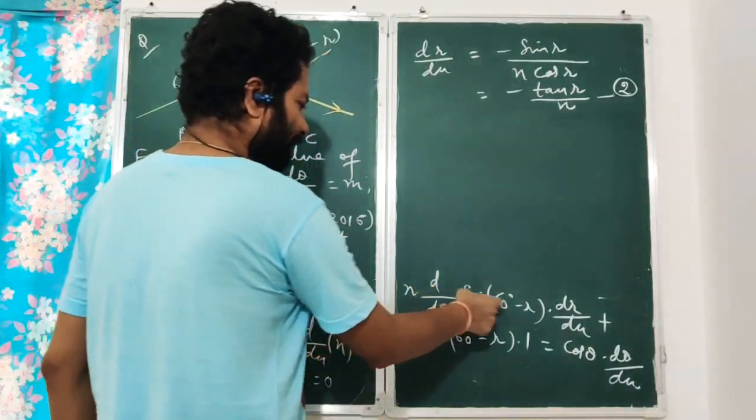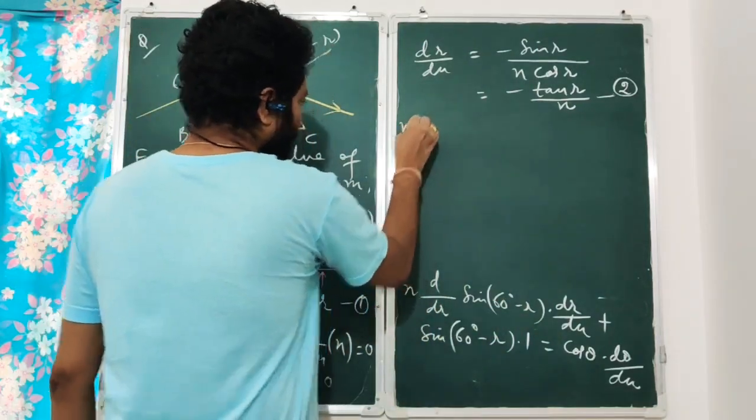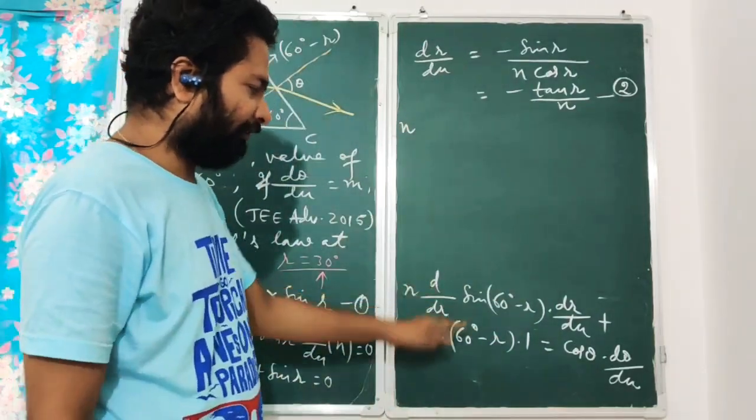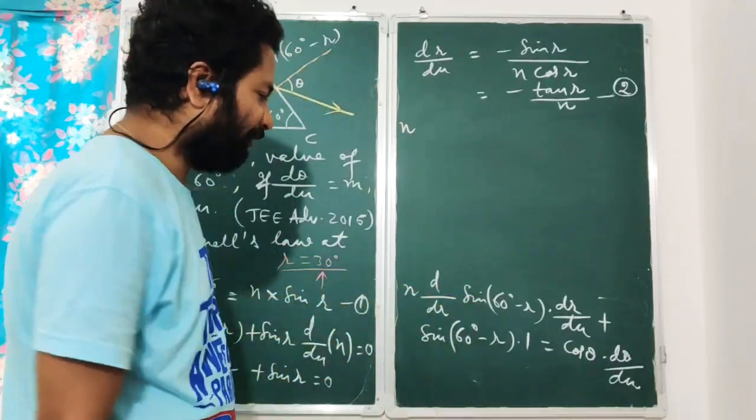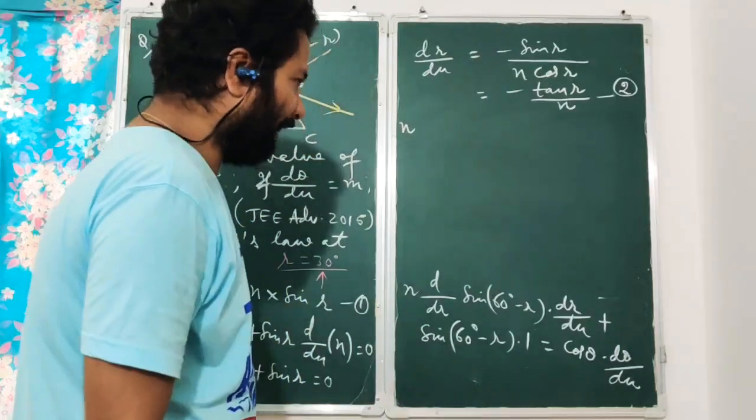So what do we get here? Sine of 60 minus 30 is sine of 30. But have we differentiated? No. First we have to differentiate it. So what will be the differentiation of this? Cos of 60 minus r into minus 1.